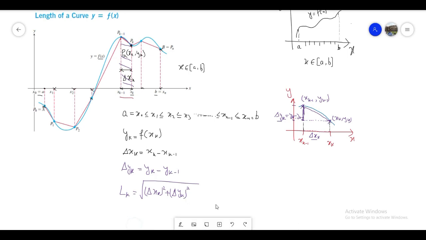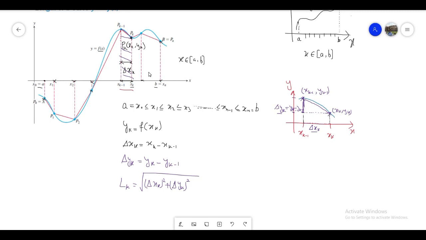But our point is we don't need to compute only the length of one segment. We have to compute the length of all the segments, from here to here, here, and all of them.